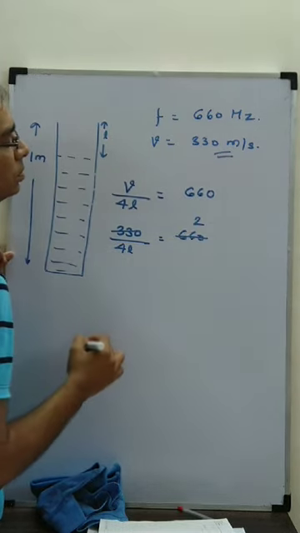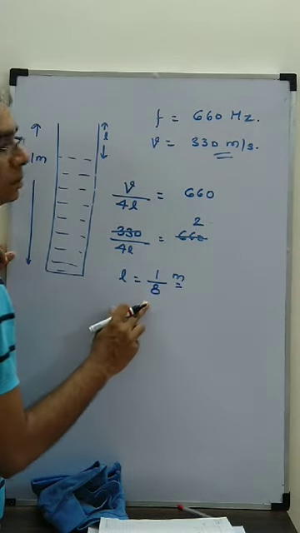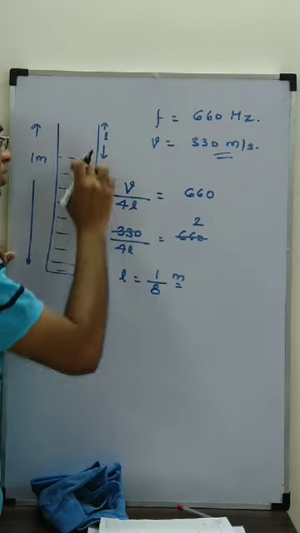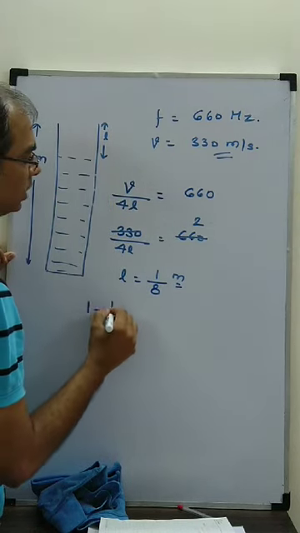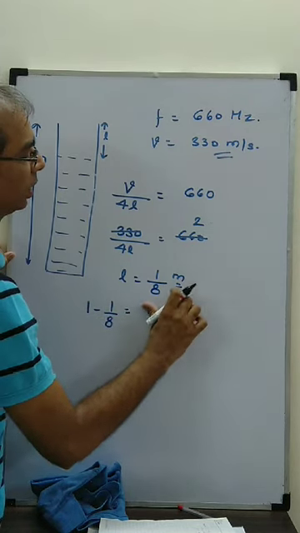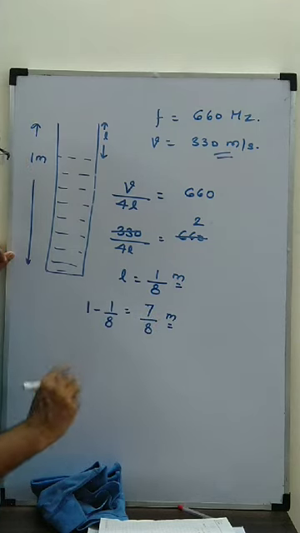This is 2, so L comes to 1 by 8 of a meter. That means you have filled the tube 1 minus 1 by 8, that means 7 by 8 meters. This is for the fundamental tone.